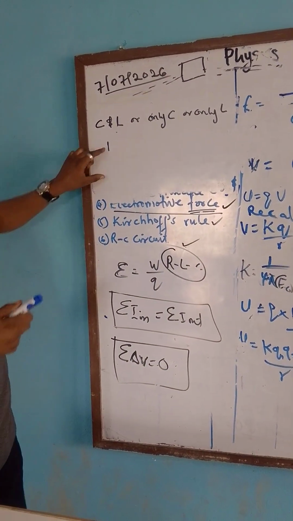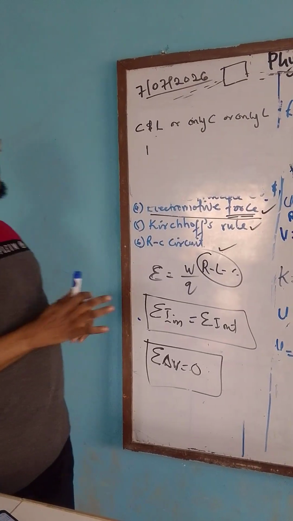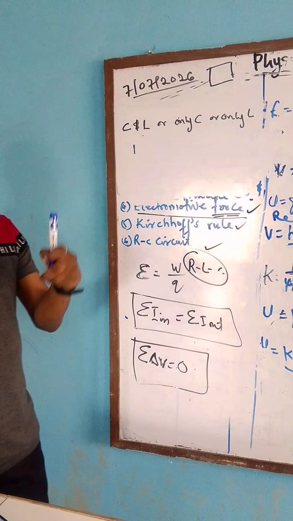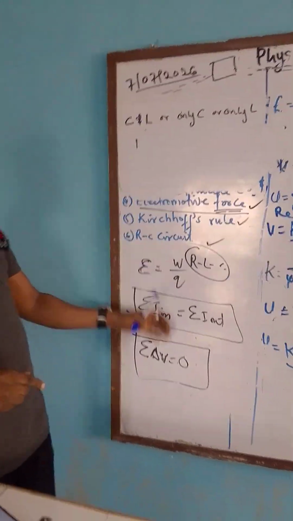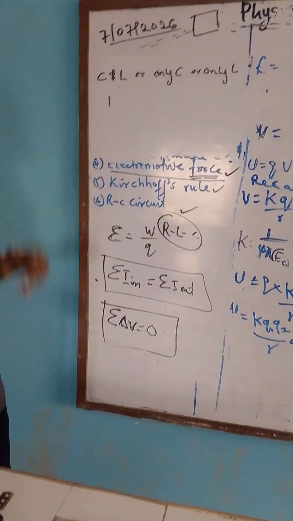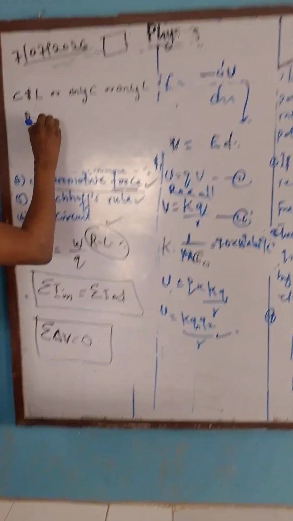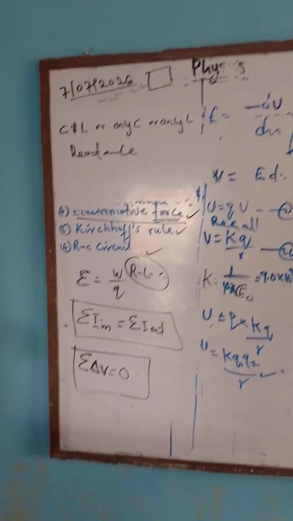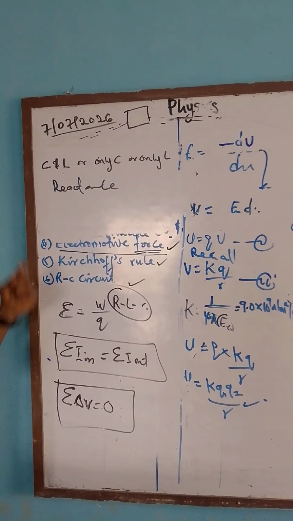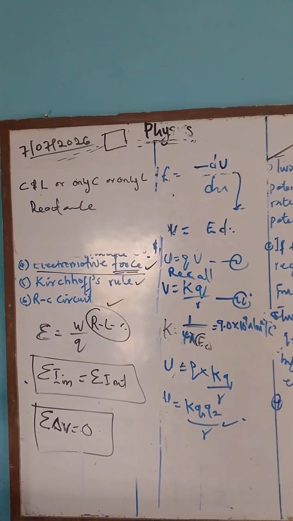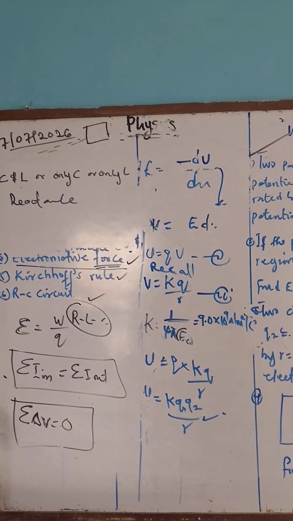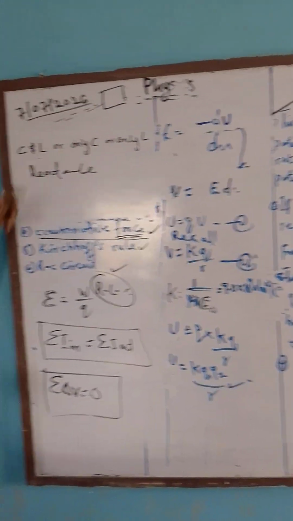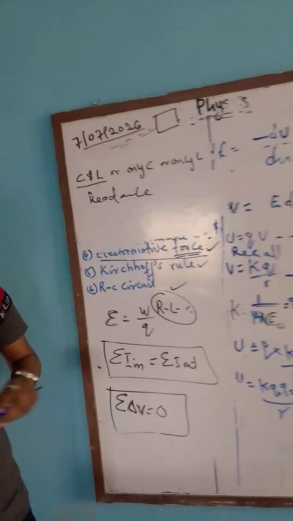So a reactance is the opposition offered to the flow of AC current, because all this one is under AC. I take it again. A reactance is the opposition. What's the meaning of opposition? Regulation of AC current. But that regulation is offered by only what? Capacitor, or only what? Inductor, or is offered by both.